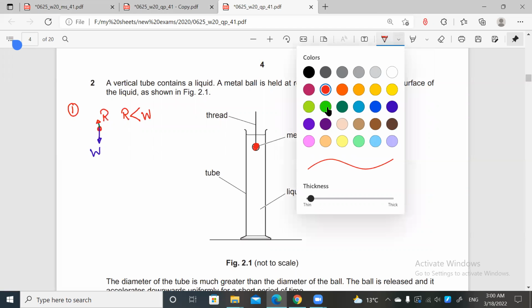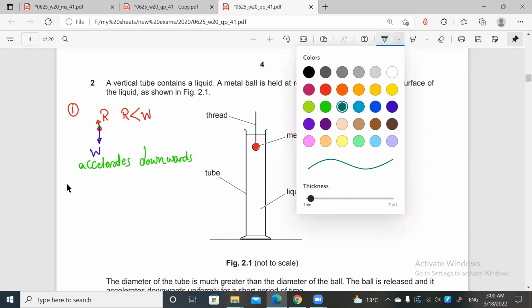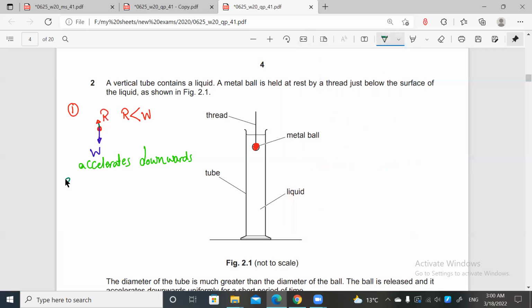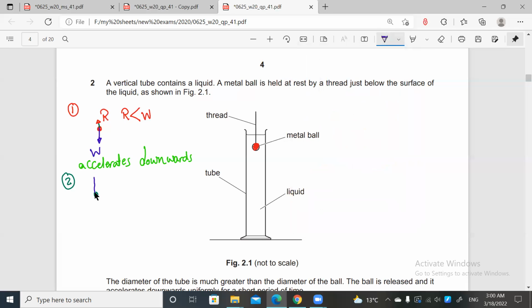So what will happen in this stage? The metal ball will accelerate downwards. But after a few seconds, as a result of the increasing speed, the resistive force becomes greater than the weight.